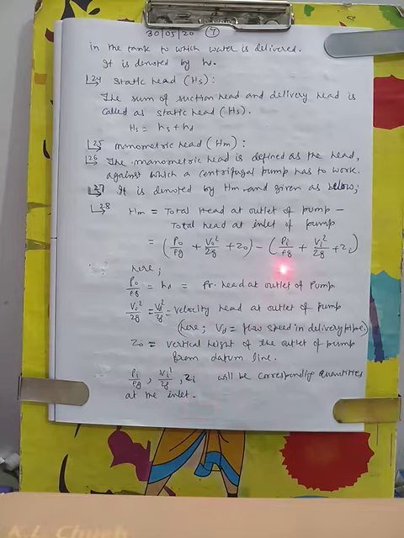And similarly these quantities at the inlet: pressure head at inlet, that will be negative, plus V1 square by 2g, this is the velocity at the inlet or suction pipe, and Z1 is the height from the datum level, this is potential head. So the difference of both will be the manometric head. So this much head is required for lifting water from the sump to the delivery point.